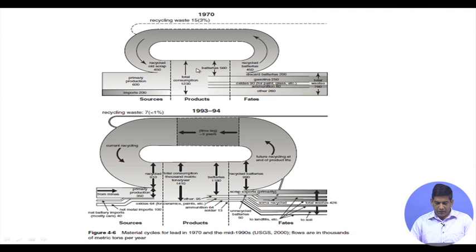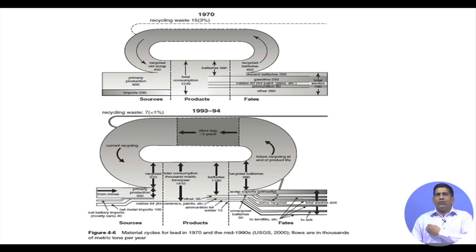Similarly, the 1970 side is a little bit less complex because we don't have the solders and other things in here. We did have ammunition, some oxide, and some gasoline. You see the gasoline in 1970, but we don't see gasoline usage of lead in 93, 94 because we banned the use of leaded gasoline. So we can draw these kinds of diagrams to understand what is happening with one particular material: how much is the input coming into the system boundary.